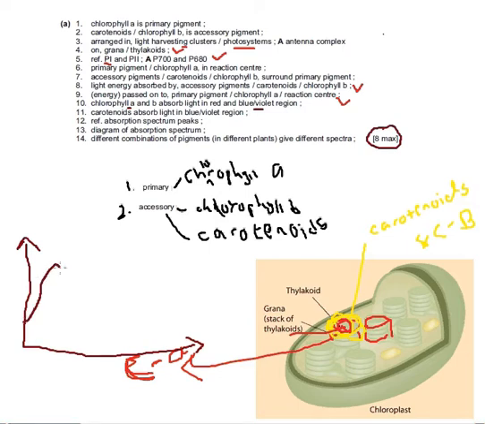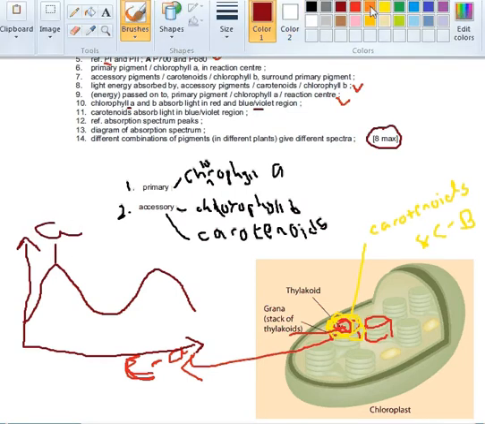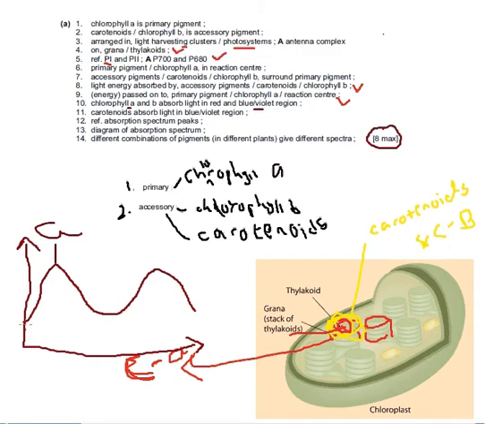Both have a graph like this. Let's say this is for chlorophyll A, and for chlorophyll B we have a graph which is similar, just a little different, maybe like this. This is for A, this is for B.